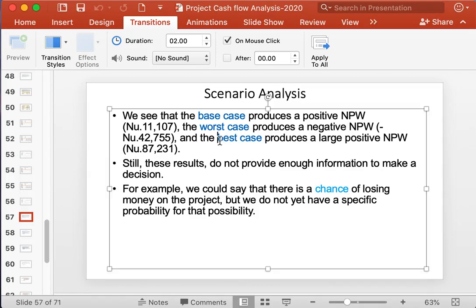And when we took the best case scenario, it generated a positive present worth of 87,231. So we have a range of net present worth from minus 42,755 to plus 87,231 with a mean of 11,107.